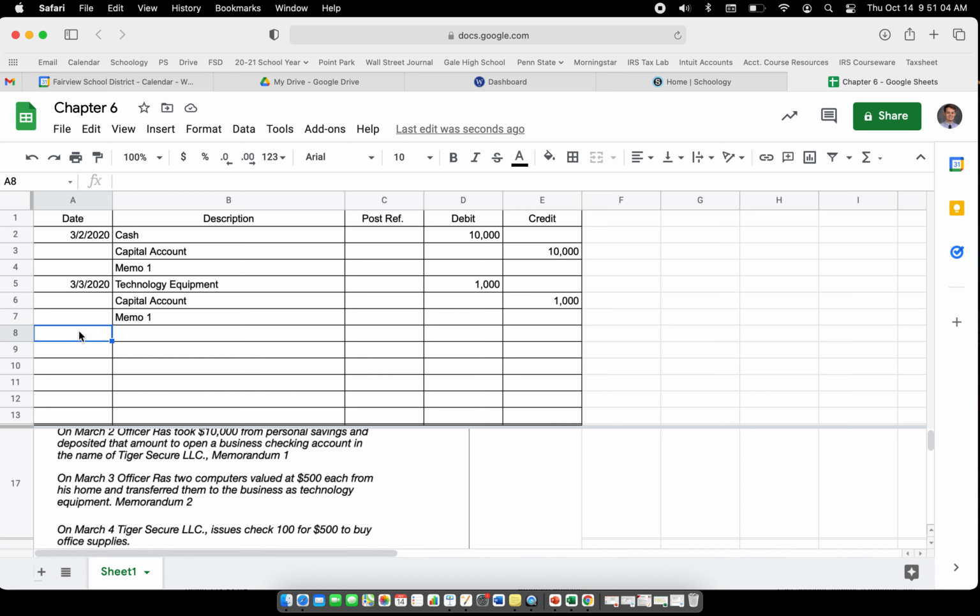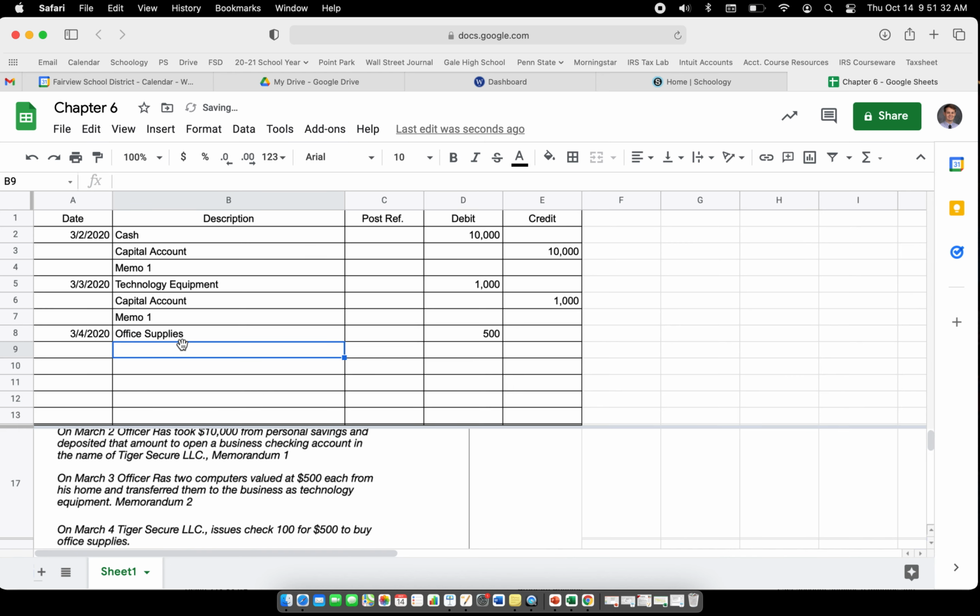On March 4th, again, we're going to note the date. And on this transaction on March 4th, what account is debited? Excellent. If you said office supplies, you are correct. That amount is $500.